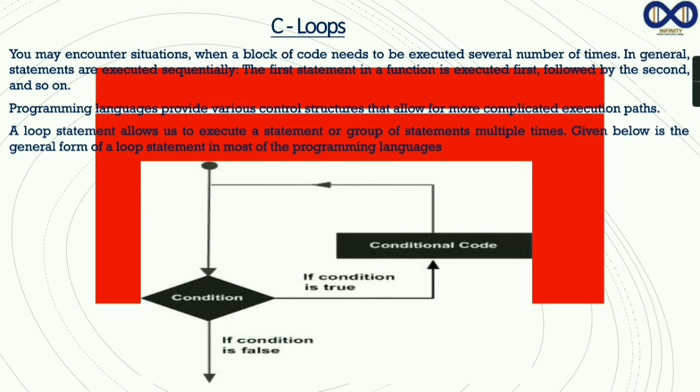The programming language provides various control structures that allow for more complicated execution paths. A loop statement allows us to execute a statement or group of statements multiple times. Given below is the general form of a loop statement in most programming languages.